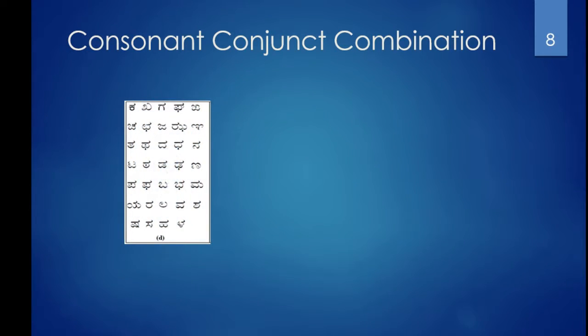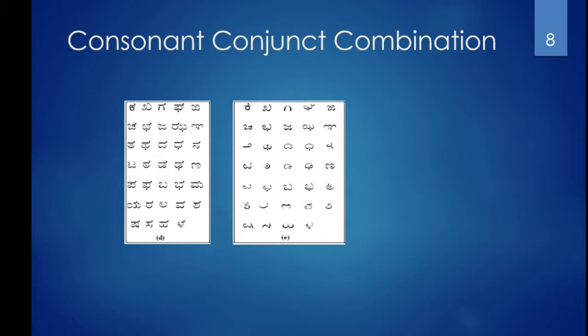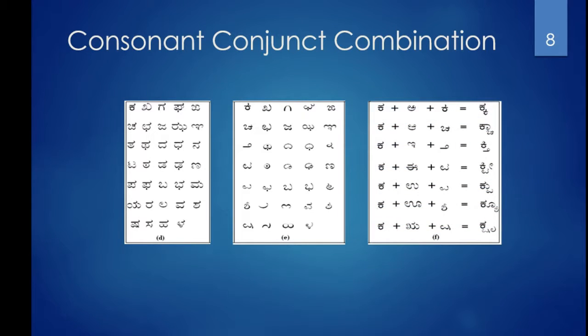These are the basic consonants, and there are consonant conjuncts corresponding to each consonant. So these are the consonants, and they are combined with consonant conjuncts to create more compound aksharas. These are the examples. Here a simple consonant is combined with a vowel, followed by a consonant conjunct. Usually consonant conjuncts appear at the bottom right side as shown below.